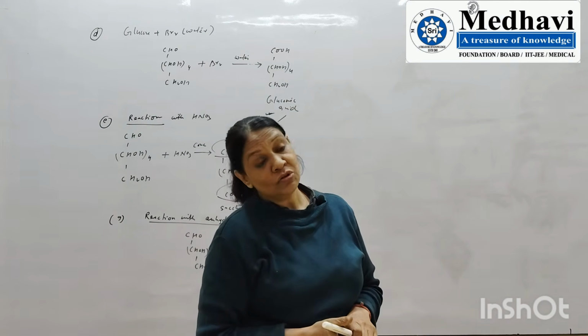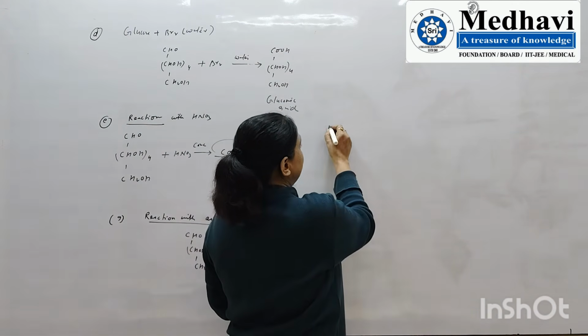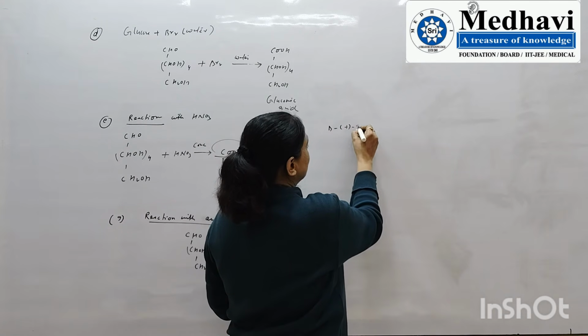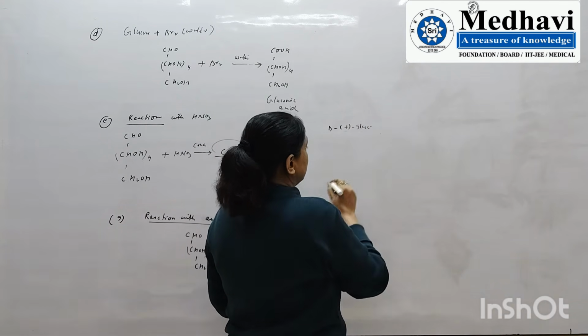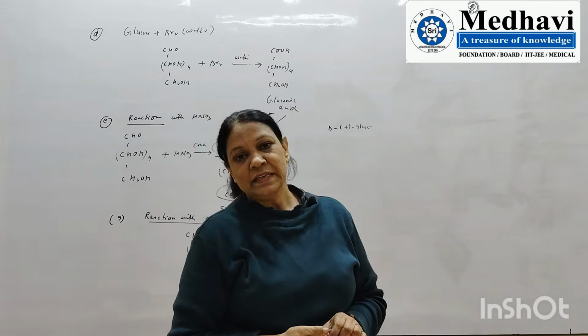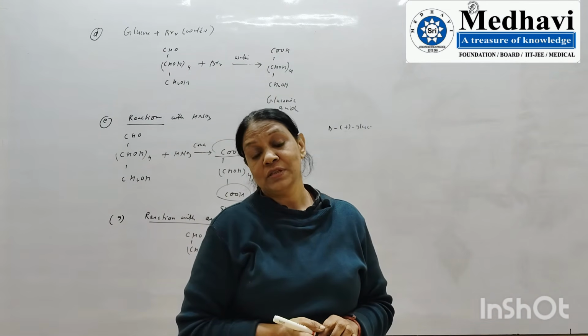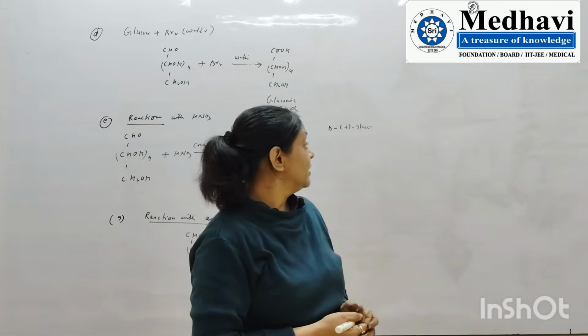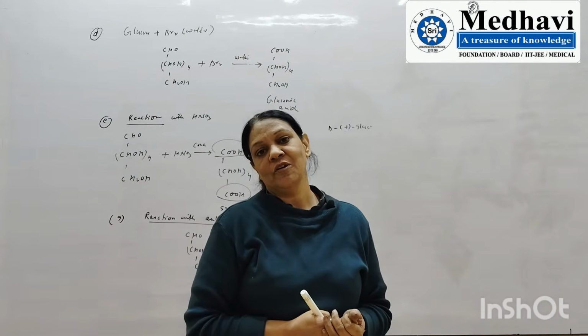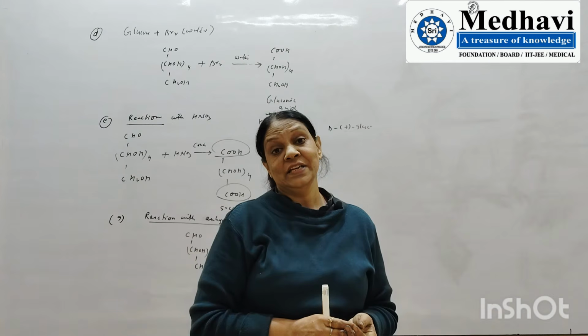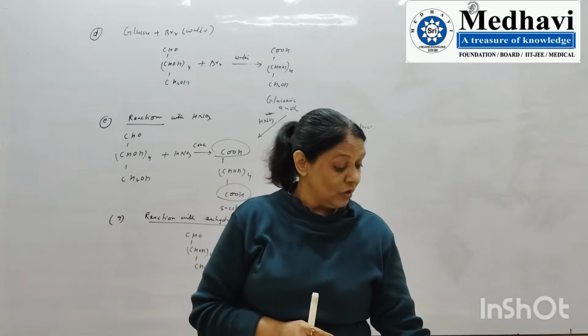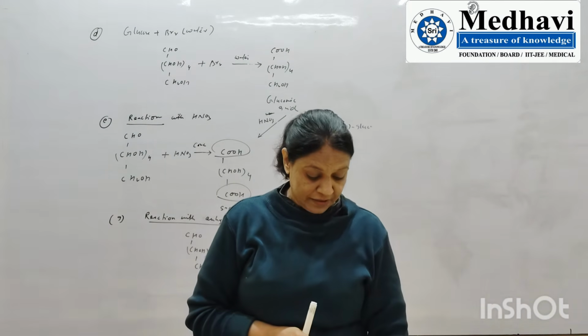The D form of glucose, we use D plus glucose. Then D form, L form, that is going to be very important. Then the cyclic structure of glucose is also going to be very important. Which reaction confirms that glucose has a cyclic structure, that is going to be important.